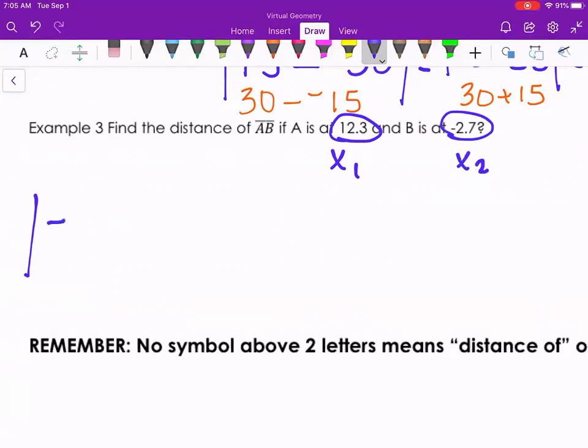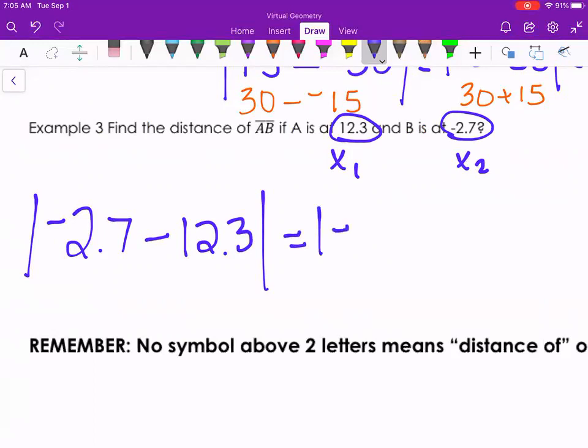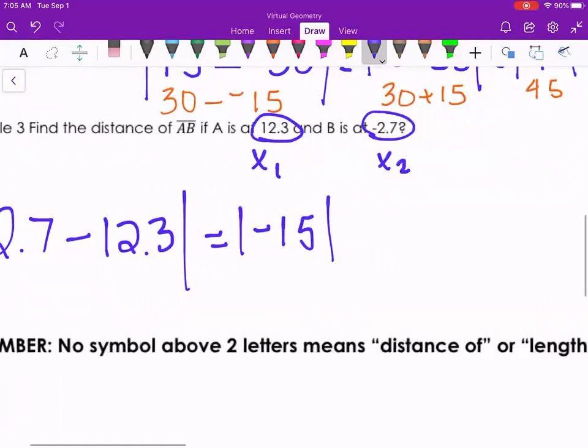So now I have negative 2.7 minus 12.3, and I'm going to stick this in my calculator and see what I get. Now I have the absolute value of negative 15. The number itself, negative 15, is 15 units away from 0. So I have positive 15.